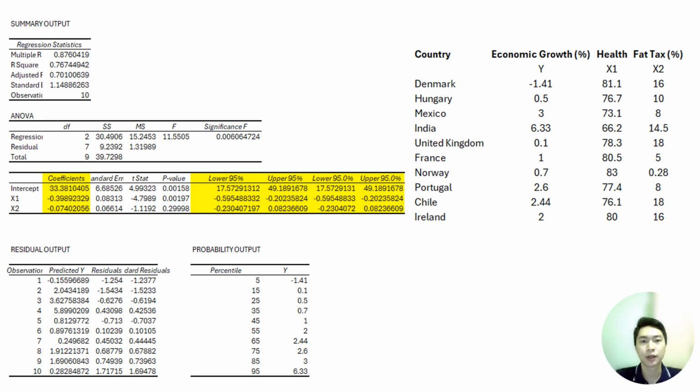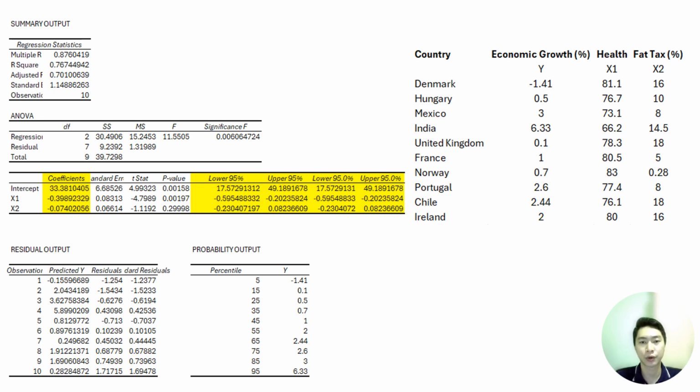In addition, we have collated the economic growth of each country listed and the health data from Statista to ensure that accurate data is being taken and considered. The countries being taken into consideration are Denmark, Hungary, Mexico, India, United Kingdom, France, Norway, Portugal, Chile, and Ireland.